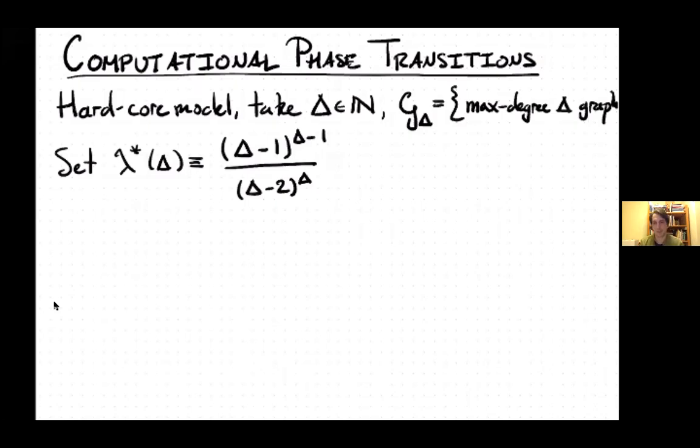First, maybe a warning: the first time I heard computational phase transition, I thought people must just be saying phase transition for no particularly good reason. It's not like a phase transition as we think about them, but it is related. And I think it is an interesting idea. So let me describe it to you.